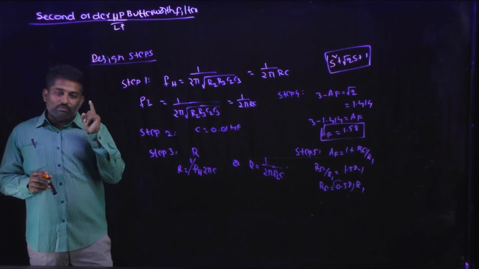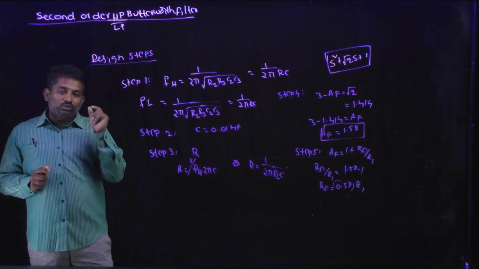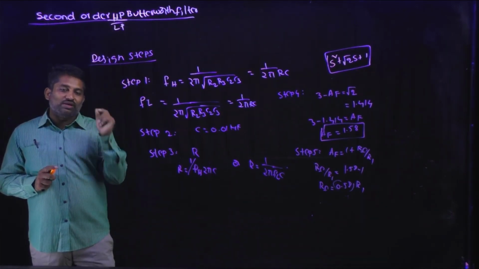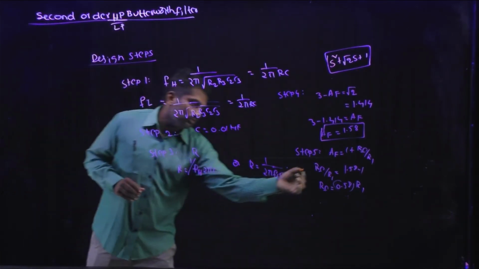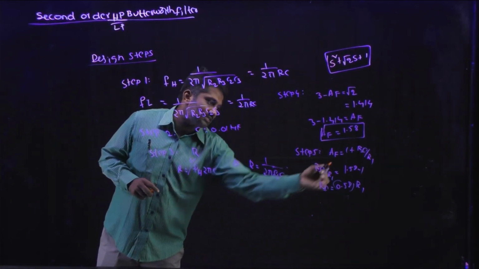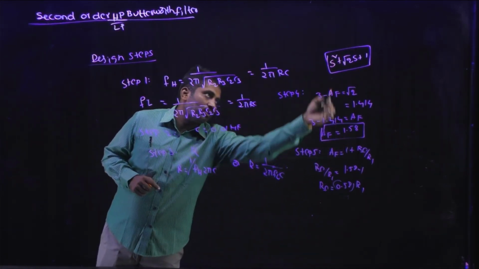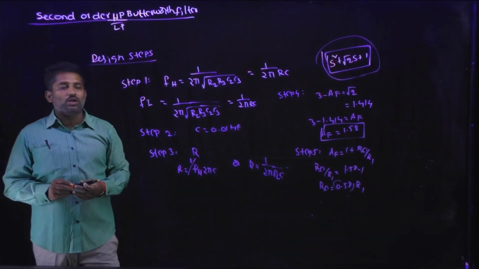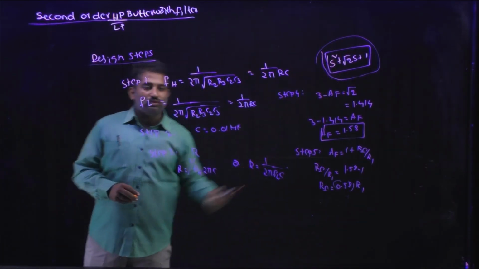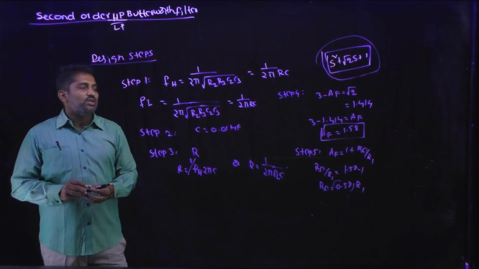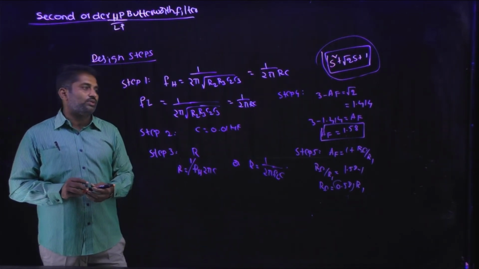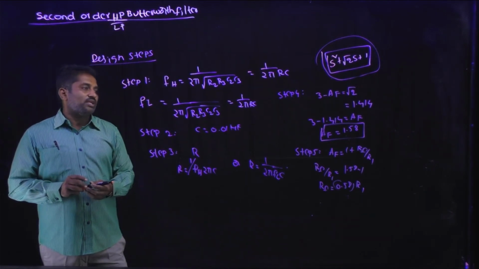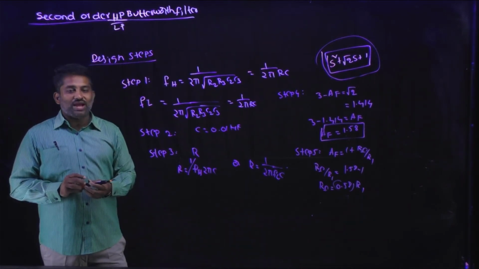Once again I am telling you, no need to be given the gain value for the second order filters, which is directly taken as 1.58 because of the second order Butterworth polynomial s square plus square root of 2 into s plus 1. Your middle term will be equal to 3 minus AF. From this we can easily calculate that value.